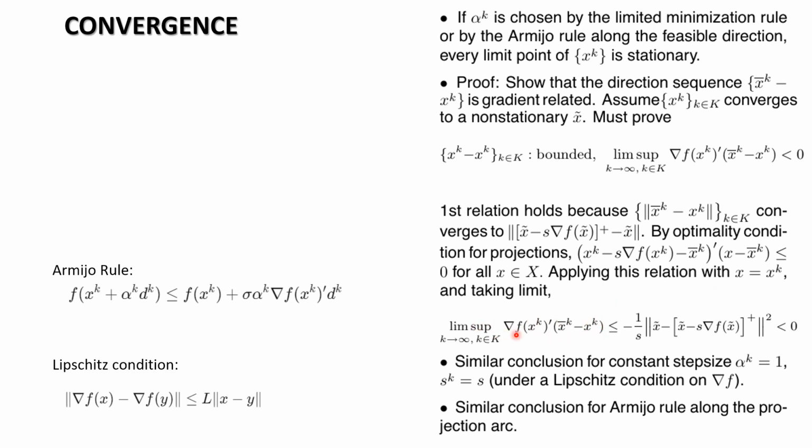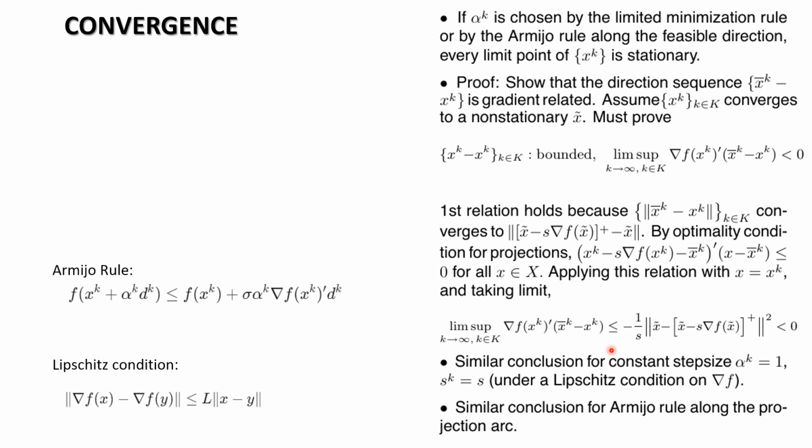And if we rewrite this, we can consider it less than or equal to minus 1 over s multiplied by the norm of the projection step squared. Now take the limit superior of this expression.